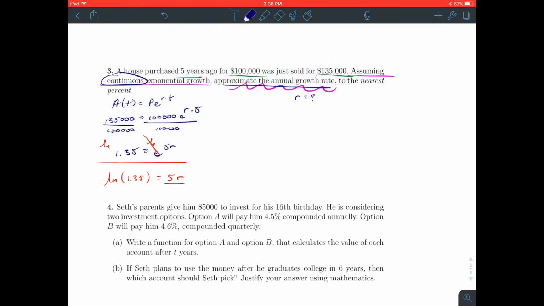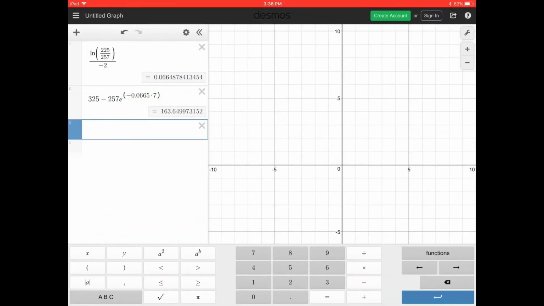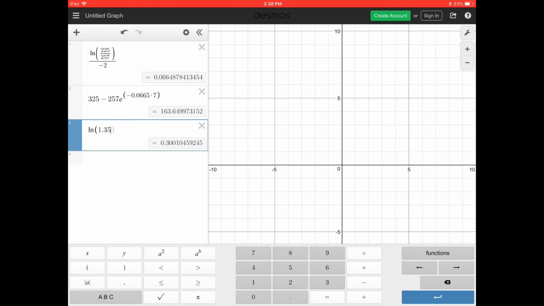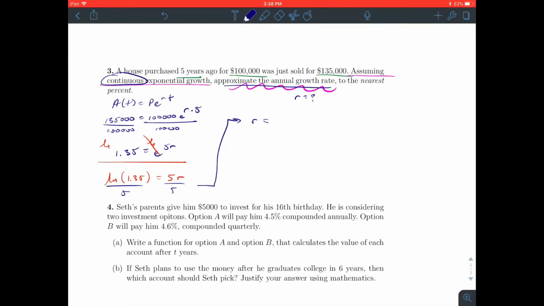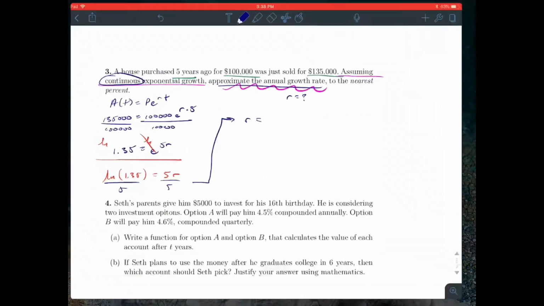Last step to solve for r, we divide by 5 on both sides, and we get r is equal to, let's see if this works. ln 1.35 divided by 5. Why does that seem different from what I wrote here? Sorry. Oh no, it's the same. So 0.06.